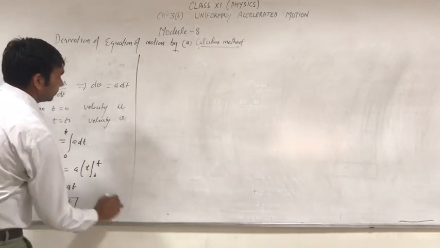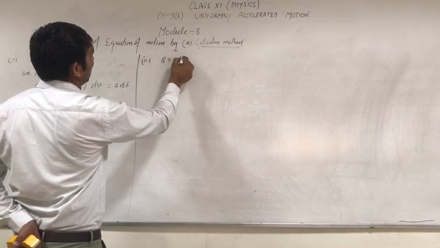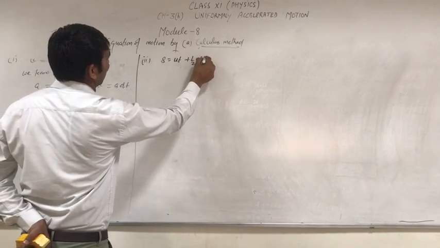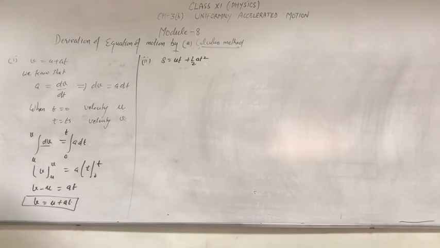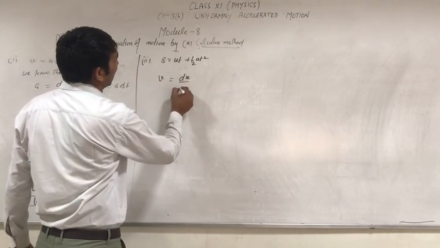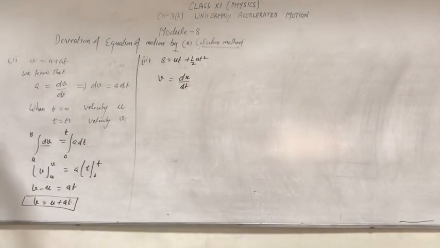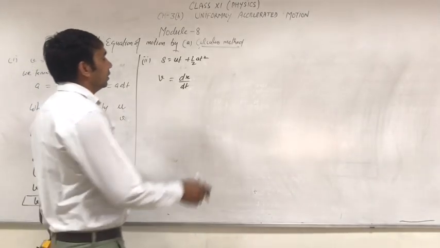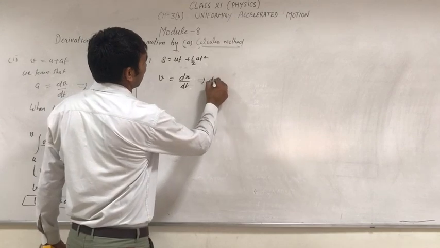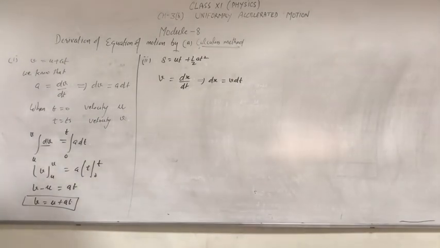Second equation of motion: S is equal to ut plus half at square. As we know, v is equal to dx divided by dt. dx is equal to v dt.